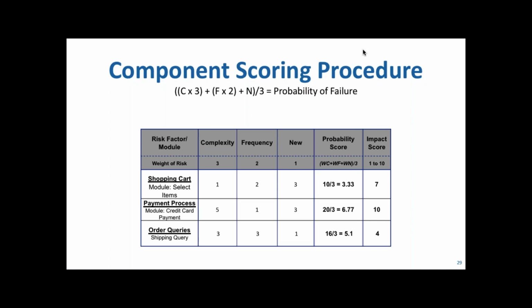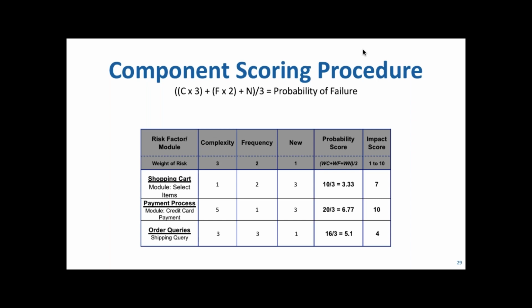And then we do the same process for payment process and then for order queries. So you see we've come up with a probability score of 3.33 for shopping cart, 6.77 for payment process, and 5.1 for order queries with impact scores of 7, 10, and 4.